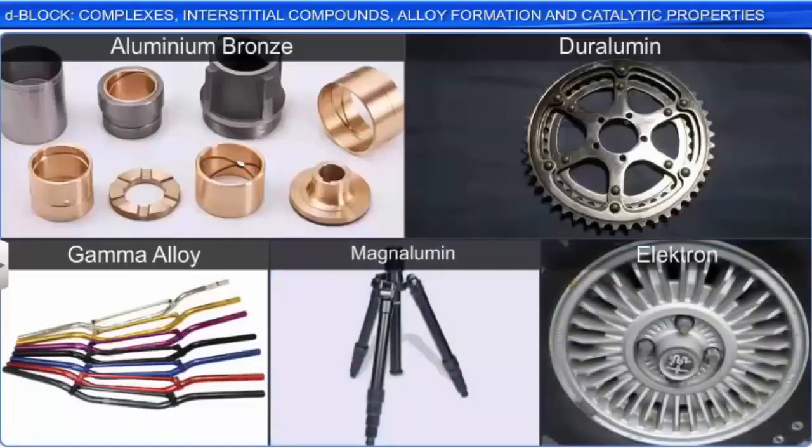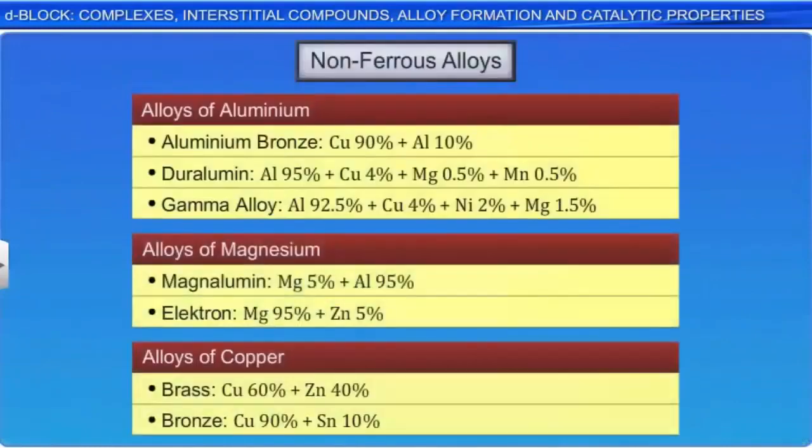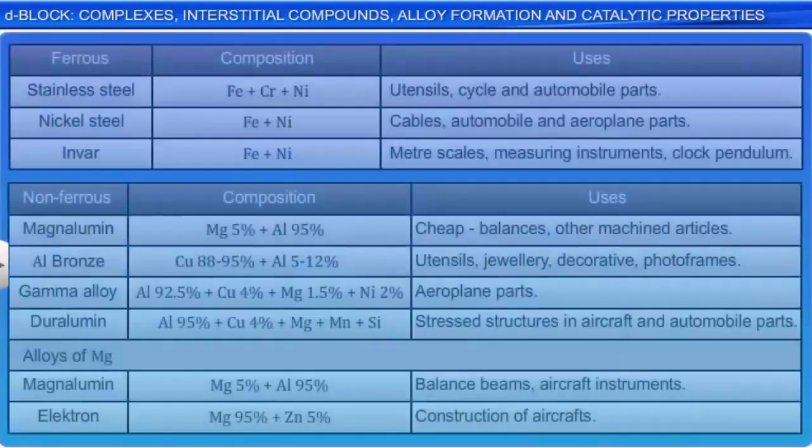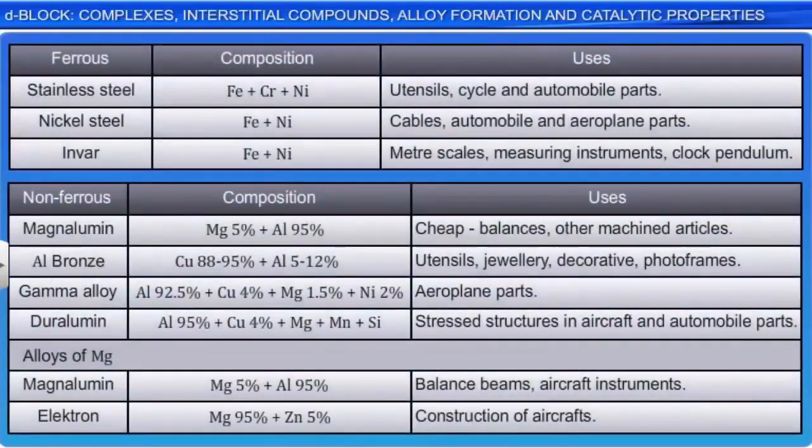Similarly, brass, an alloy of copper and zinc, and bronze, an alloy of copper and tin, are also important non-ferrous alloys. The table shown here lists some important ferrous and non-ferrous alloys along with their composition and uses.